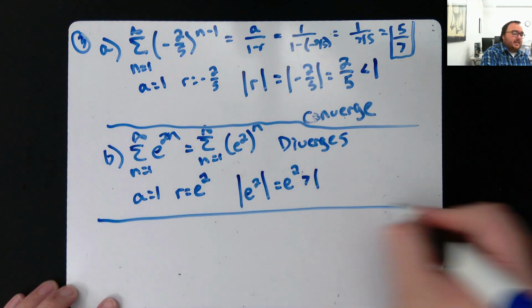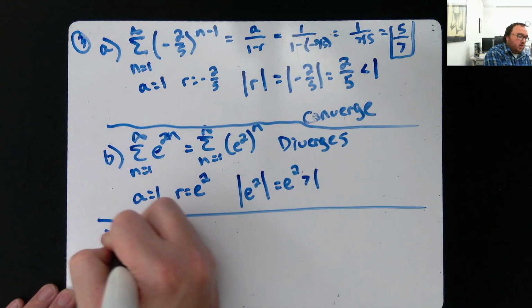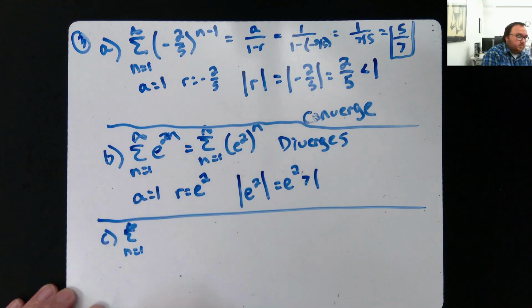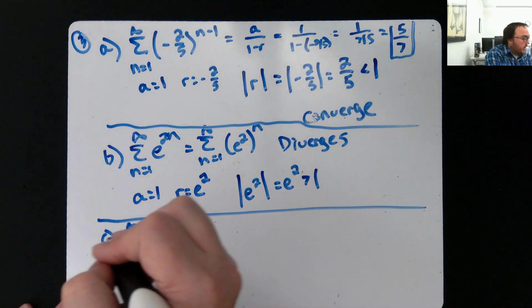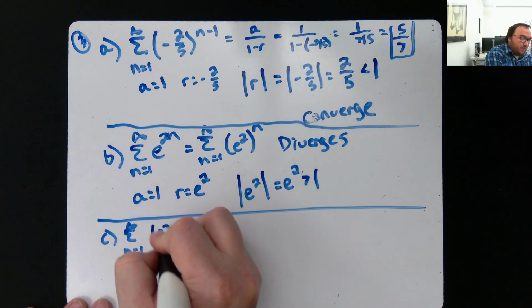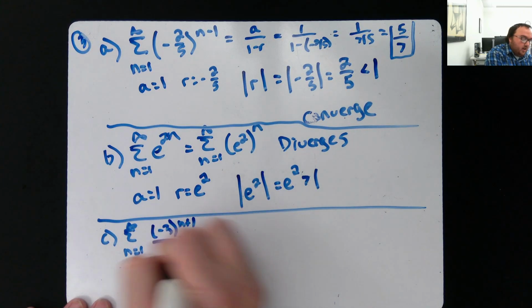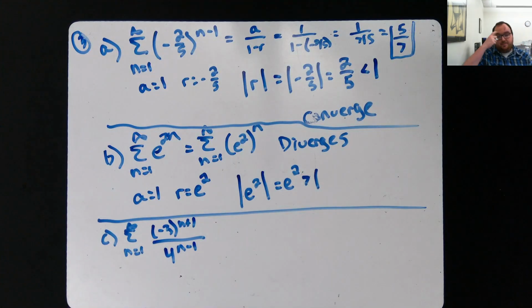And then example C is going to require a little bit of work. The sum from n equals 1 to infinity of negative 3 to the n plus 1 over 4 to the n minus 1. Now let's think about why this is going to require a little bit more work here, okay? So I want to know what r is, right?